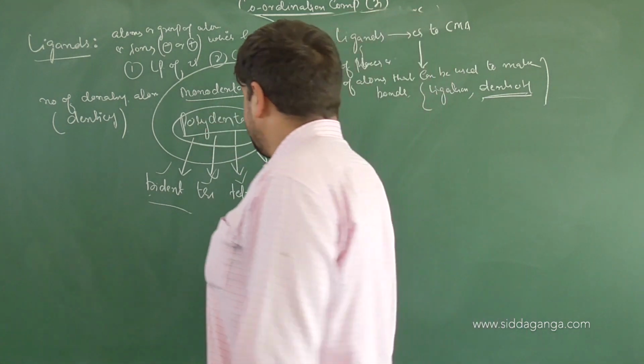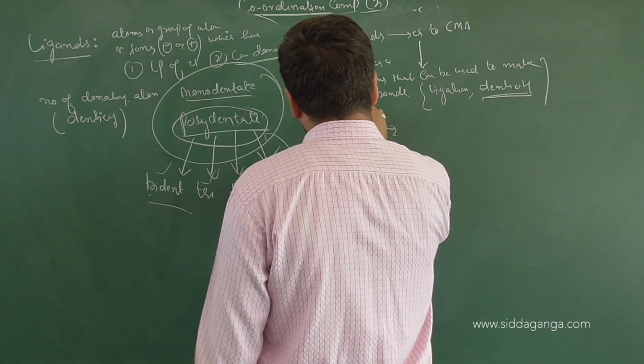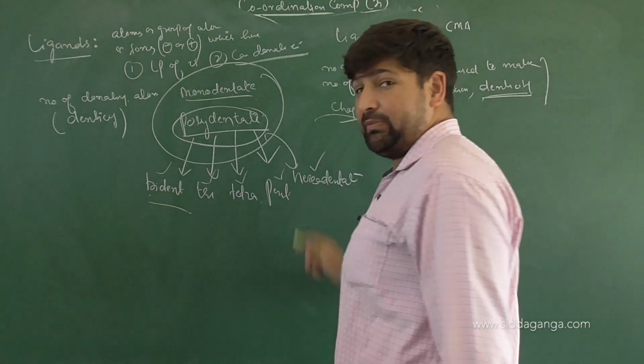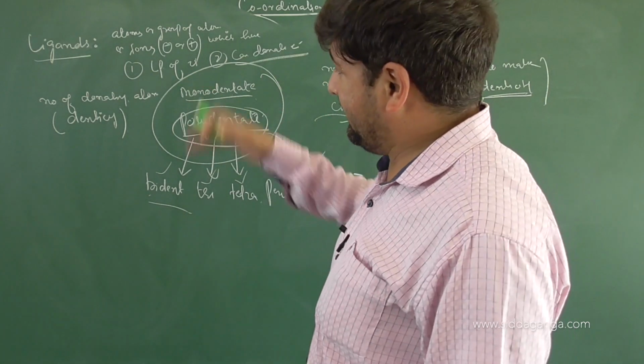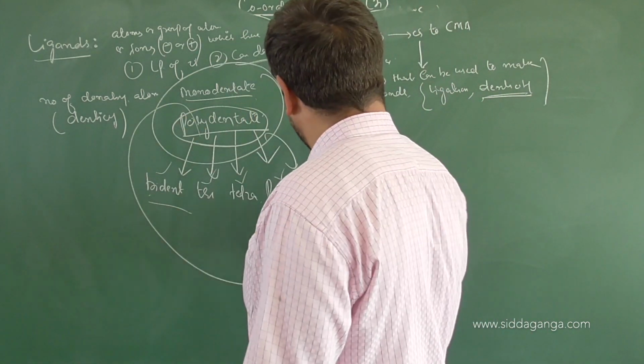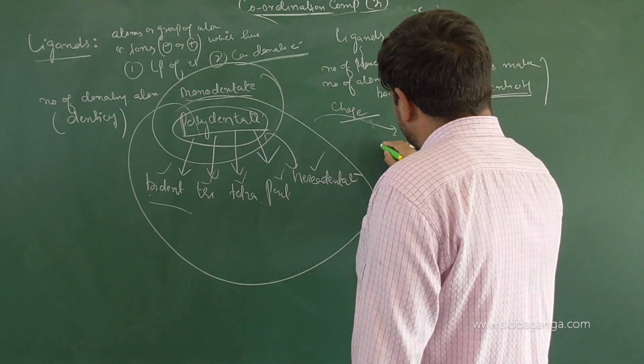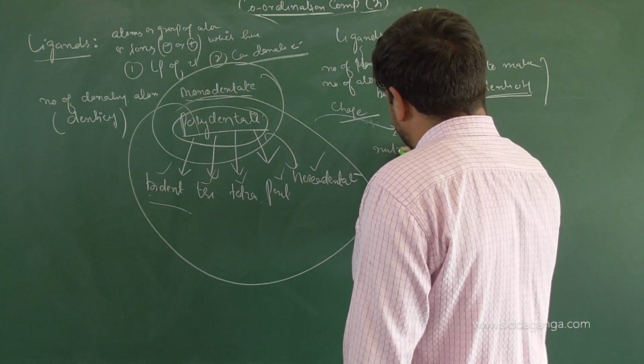Then ligands can also be classified on the basis of their charge. Keep track of the table. So ligand classification first on the basis of denticity. Now on the basis of charge you have what? Neutral ligands.